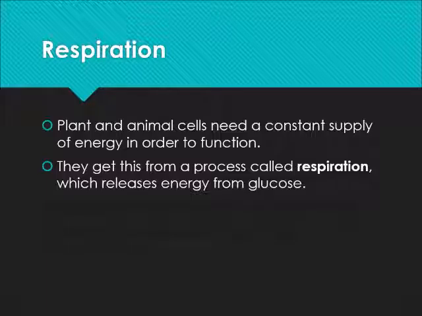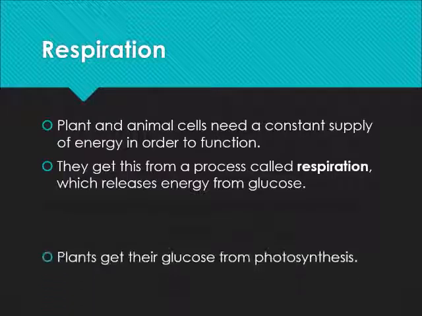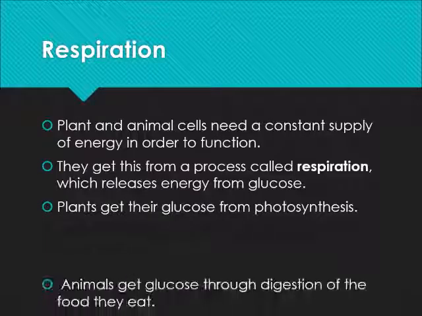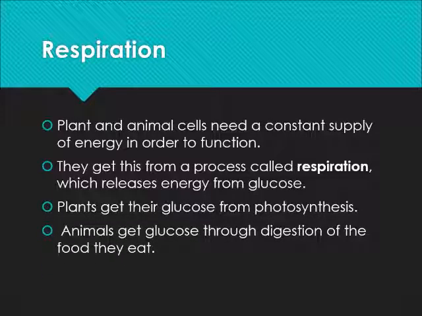Now, there's a couple of other things involved, but glucose is the main one that it takes energy from. And plants obviously get their glucose from photosynthesis. Animals get their glucose from digestion of the food they eat, including plants. And also they can get that from protein as well.